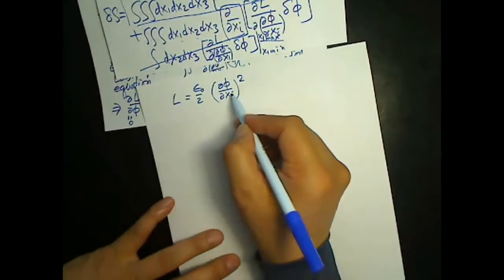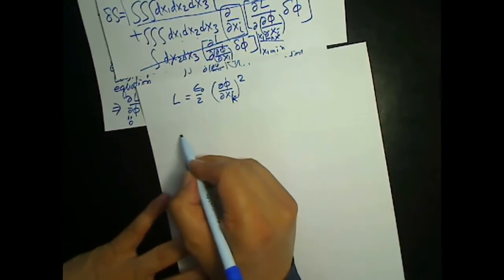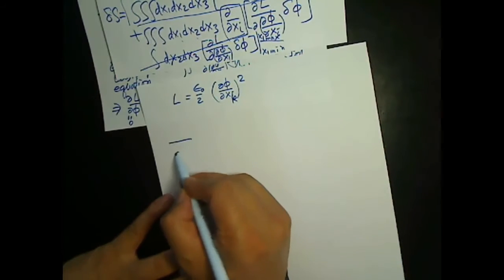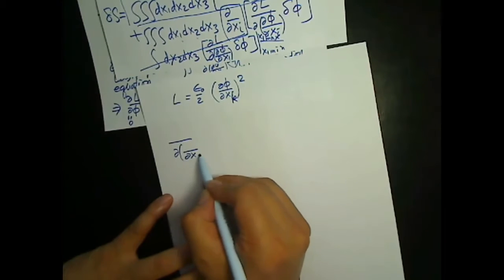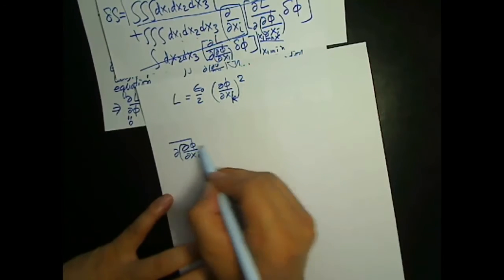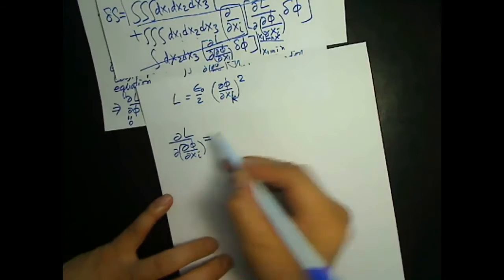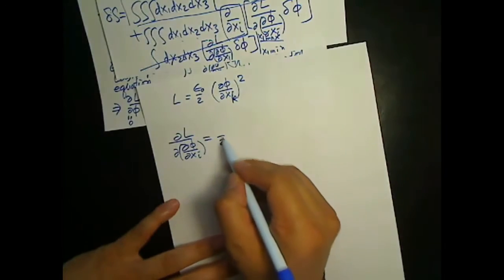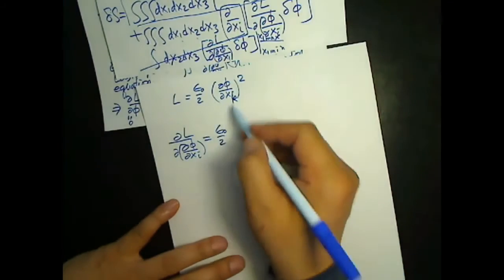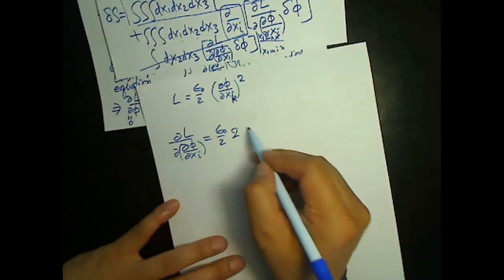Let me call this one K. First, the chain rule: take this derivative two times.